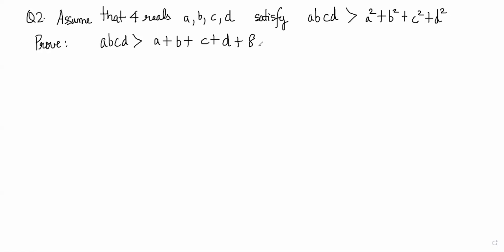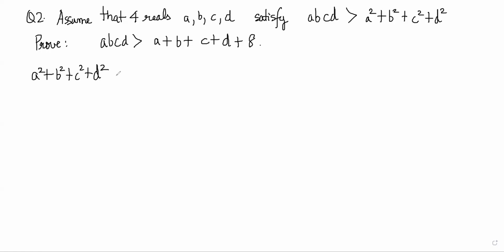Now, what we can say here is that we will first of all do AM-GM on A square plus B square plus C square plus D square.